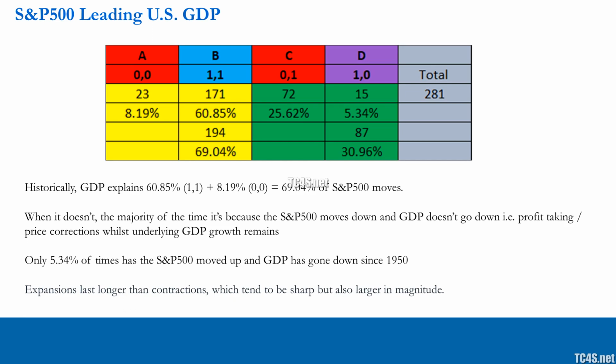So overall, when these two variables, S&P 500 and GDP, move in the same direction, it accounts for 69.04% of cases. When they don't move in the same direction, they move in the opposite direction. This accounts for 30.96% of cases.